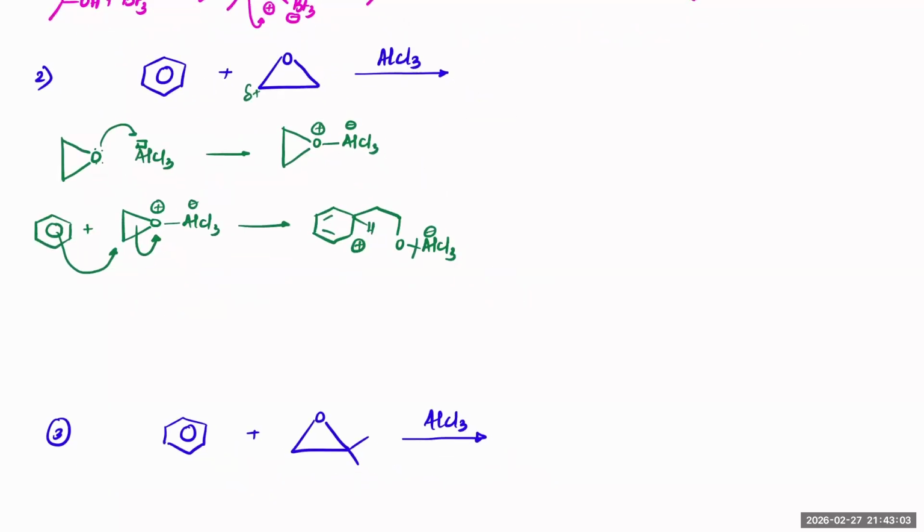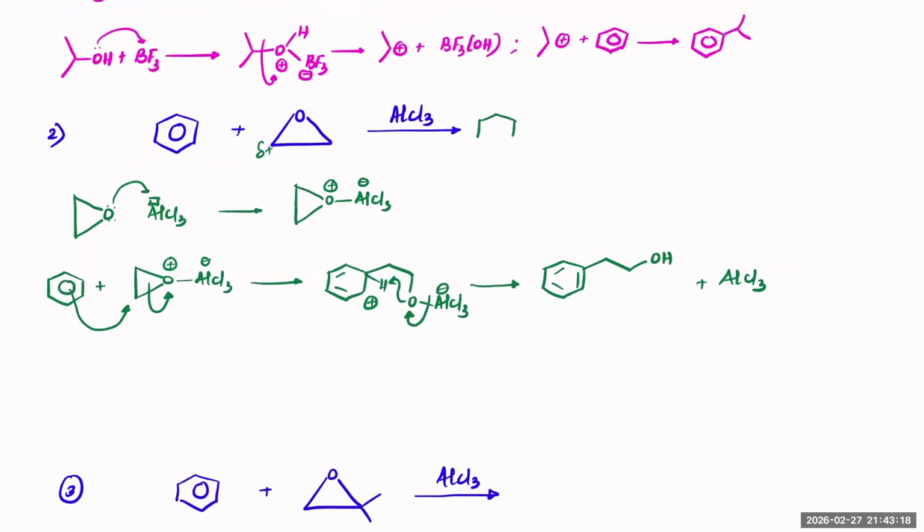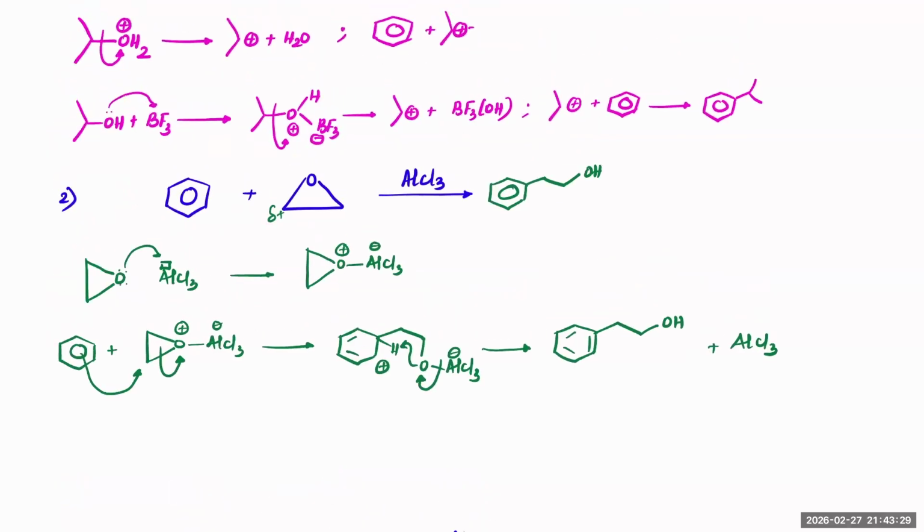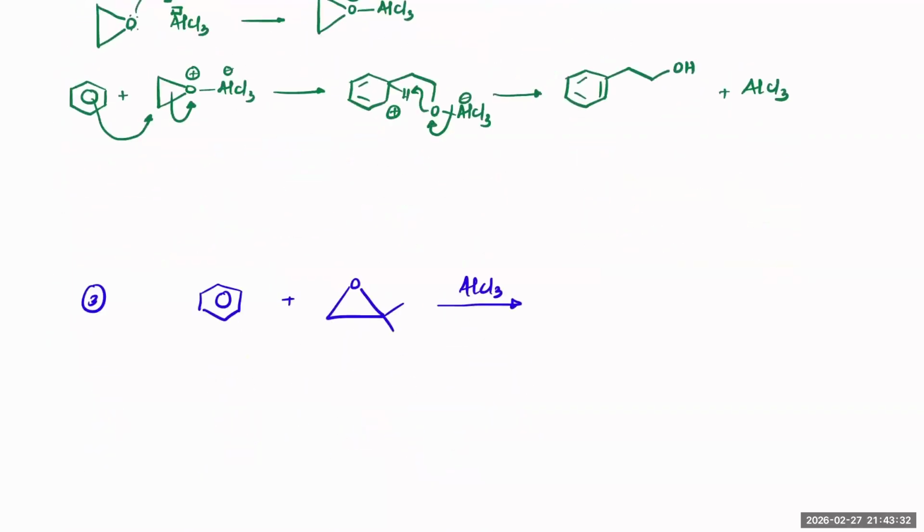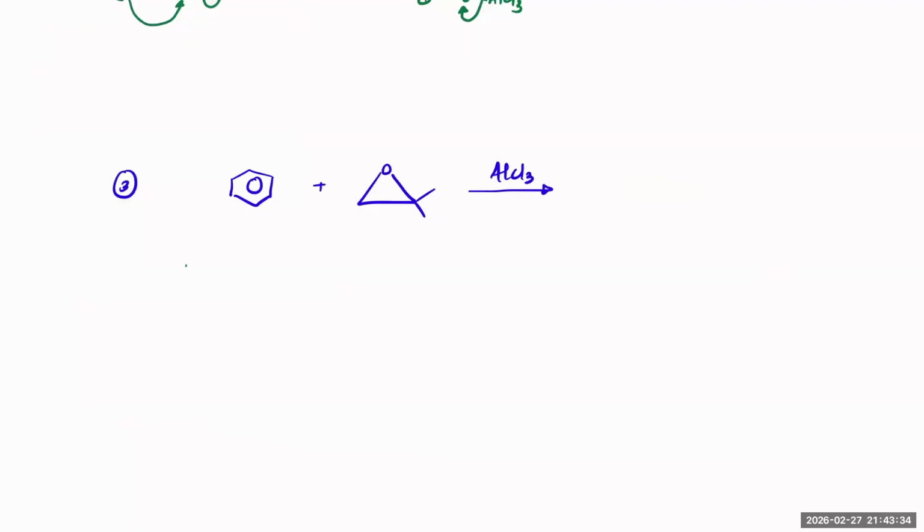Sorry, once we get this, oxygen will take this minus charge from AlCl3 and pull away this H plus, retaining the aromaticity, and then we can have this as OH plus AlCl3. So that's how the final product will be this ethyl alcohol. This is ethyl alcohol with a phenyl substitution. Correct?